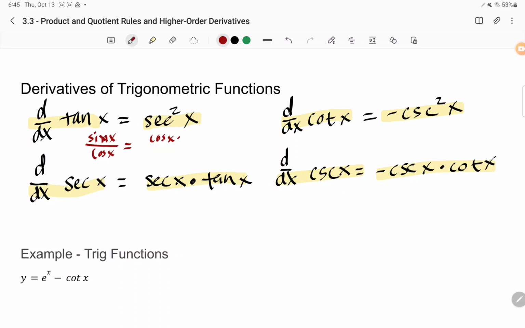So it's going to be then the low d high, so cosine x minus high, which is sine of x, times the derivative of the low, which is negative sine of x, all over low low, all over cosine squared.